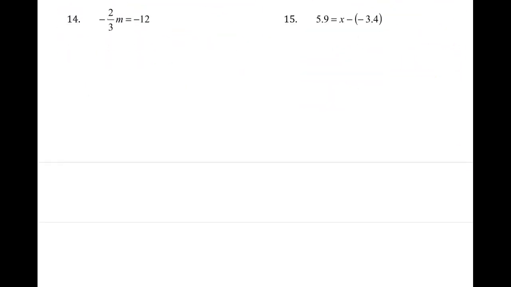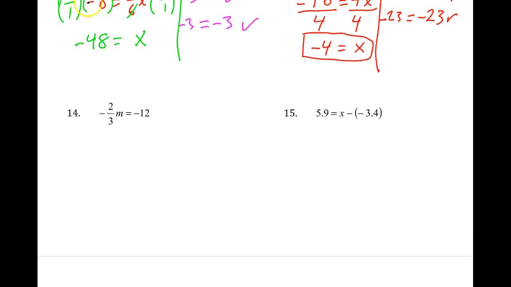All right, lastly, we have 2 problems here with some negatives, so just watch out for negatives. So we have, let's see, negative 2/3 times what number will be negative 12? So let's assume the negative here is really on the top. So it's negative 2, and then multiply by the reciprocal, which would be 3 over negative 2 on both sides. Cancel our diagonals out.